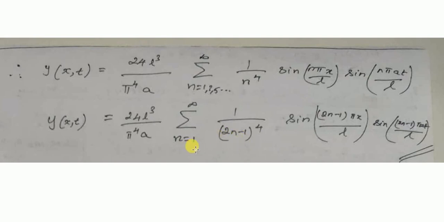If I substitute n as 2 here, 2 into 2 is 4, 4 minus 1 is 3, the next odd number. So I will be getting only odd numbers here if I substitute all the values of n from 1 to infinity. So if it is an odd number, remember to replace n as 2n minus 1 here and also here. And if you are getting even numbers, you should replace n as 2n.